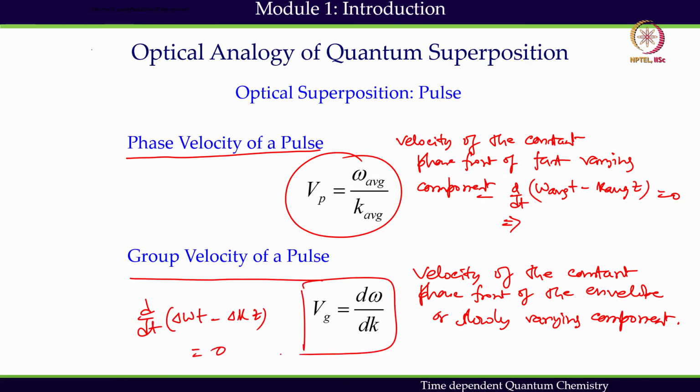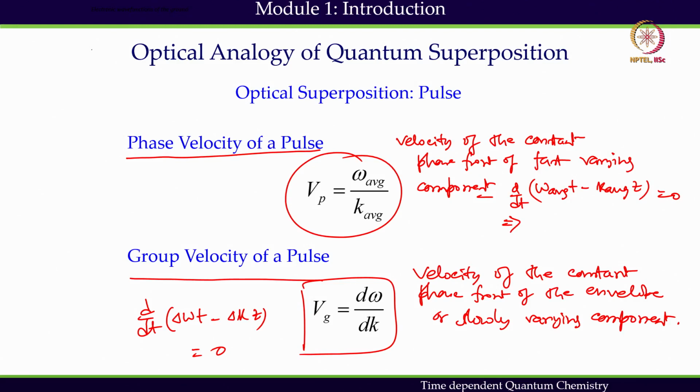So, what does it mean? Phase velocity and group velocity: when I have a pulse, I have an envelope function, a slowly varying envelope function, and I have the fast varying components, which is called the carrier wave. Both are actually propagating through the medium.